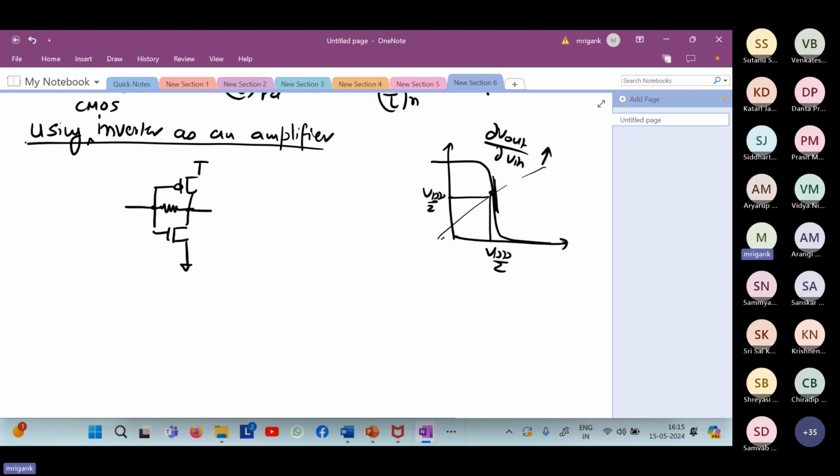Yes, anybody? Quickly. How is it going to work like an amplifier?